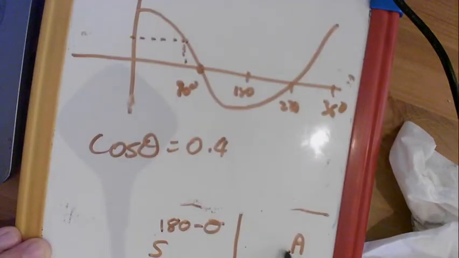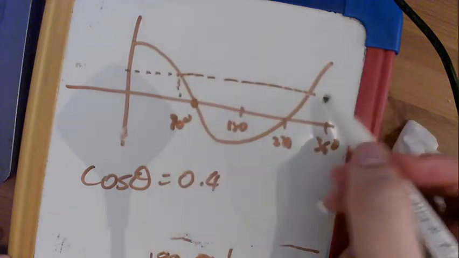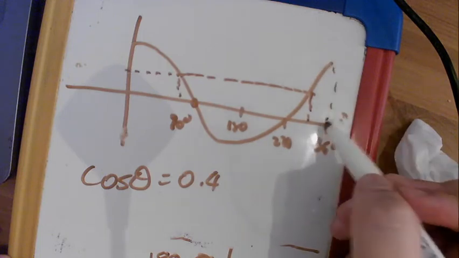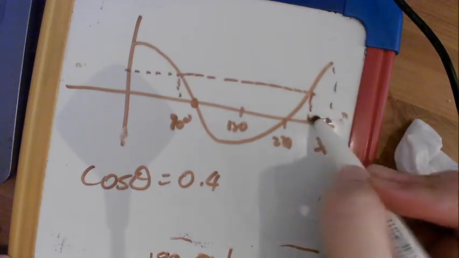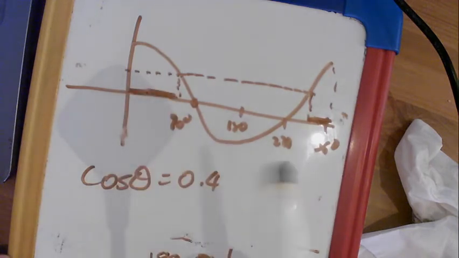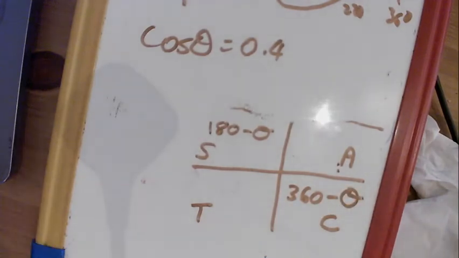It's between 0 and 90. And my second solution's up here. Well, once again, we're talking symmetry. So the gap between 360 and this value is the same as the gap between 0 and this value. So the other solution for cos occurs at 360 minus theta. So I'm filling in 360 minus theta into my cast diagram.